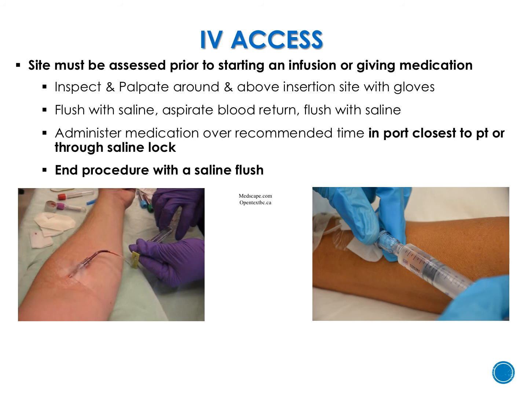After you've checked for patency, you can go ahead and administer the medication over the recommended time in the port that's closest to the patient or through the saline lock if that's what the patient has. Once the medication has been administered, you will end with a saline flush, 2 to 3 milliliters, to flush the medication through the IV catheter. And we'll go over.